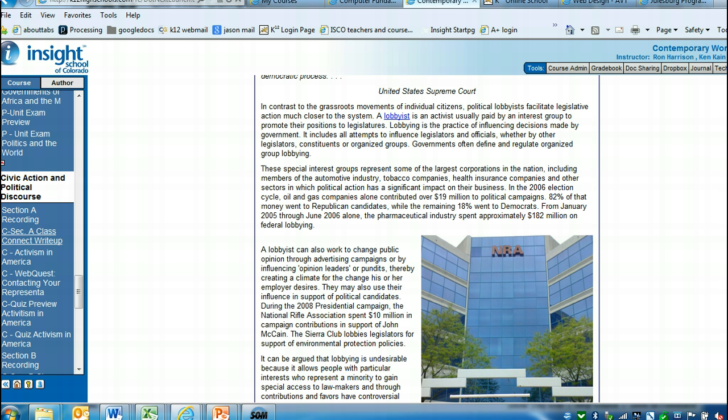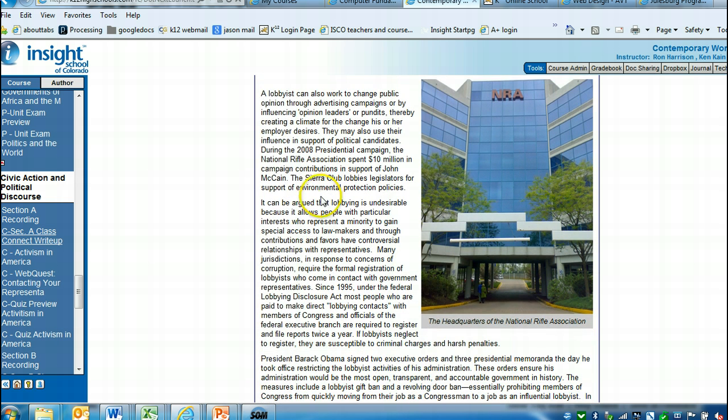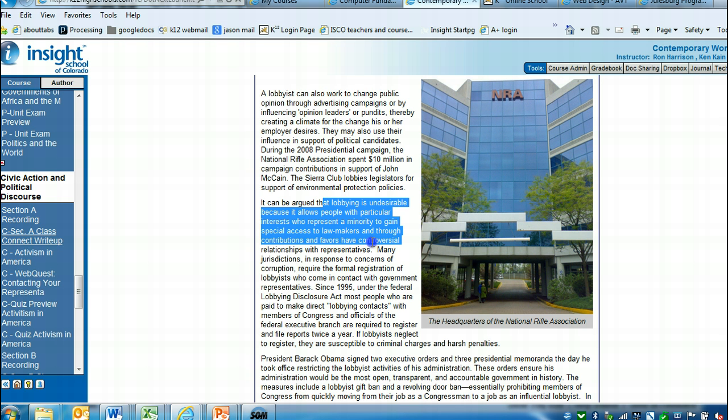And let me find that there's a question about this. I'll write down here. So it can be argued that lobbying is undesirable because it allows people with particular interests who represent a minority to gain special access to lawmakers and through contributions and favors have controversial relationships. This happens in politics a lot.